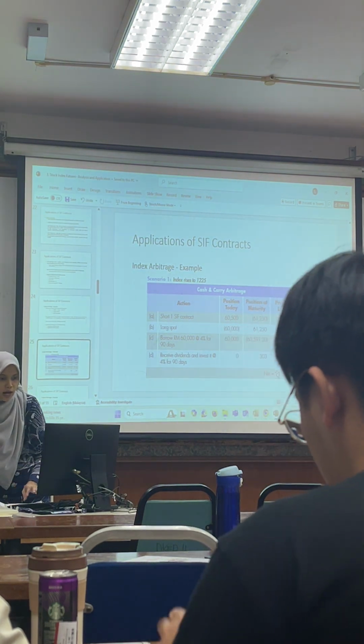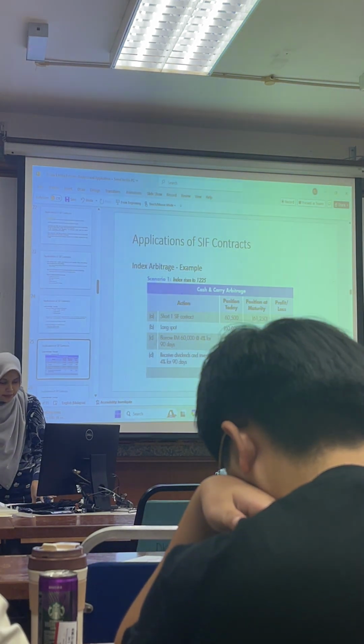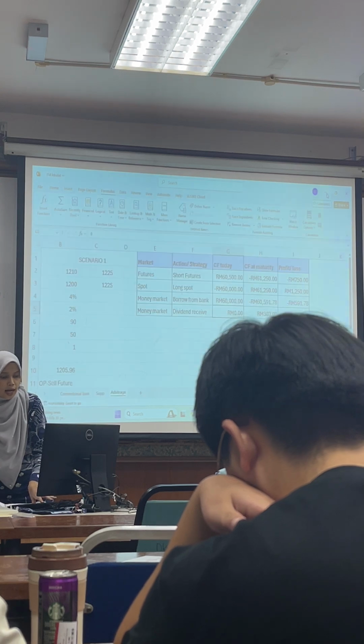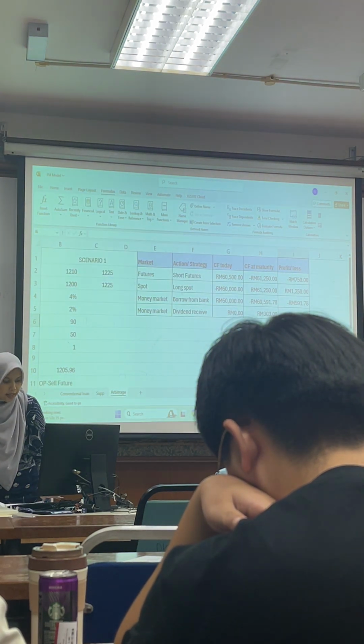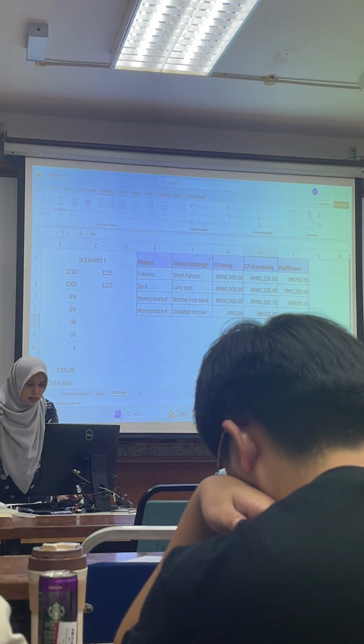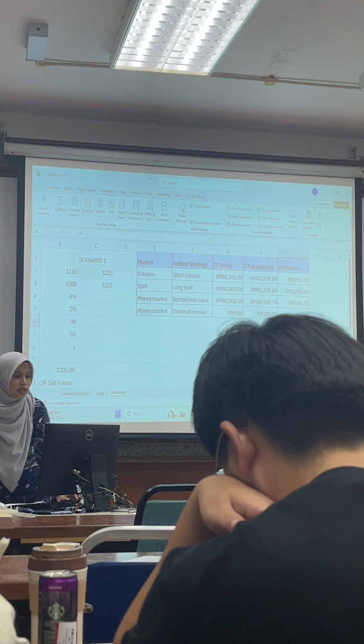Okay, so now what we want to get is the net. This is what we are looking for. The net here, so you can get the total here.